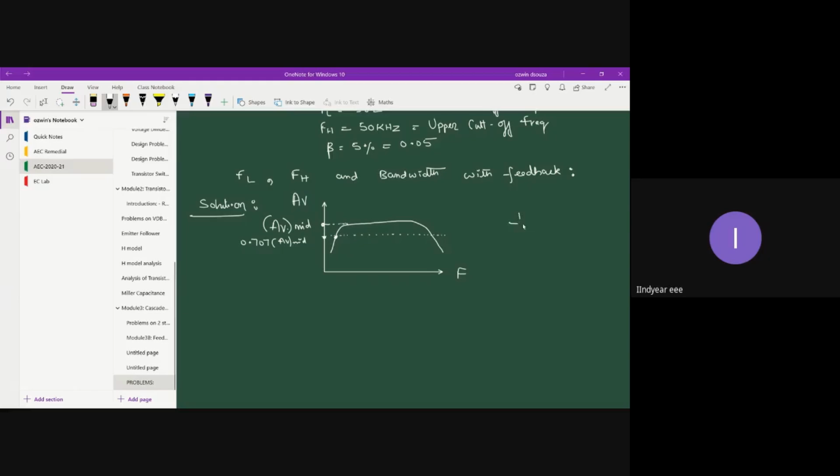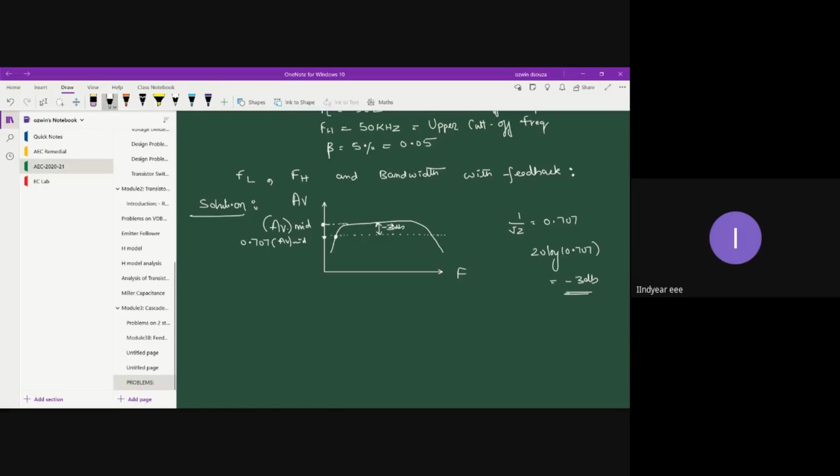Remember, 1 by root 2 is 0.707. So when you calculate the value at 1 by root 2 times AV mid, you get a line. This is minus 3 decibels in case of logarithmic scale, because 20 log 0.707 is minus 3 decibels, as anything less than unity gives a negative decibel value.